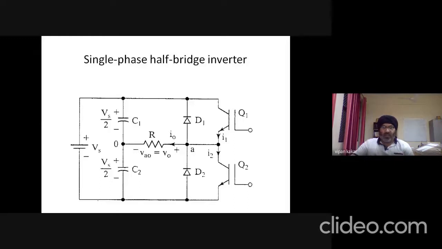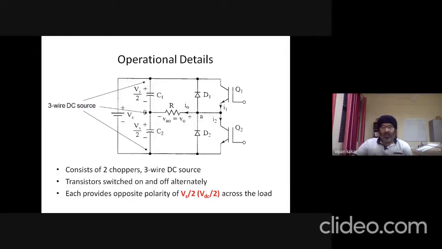So this DC supply Vs is then transformed into an AC supply using these two switches. So at the load we have an AC signal. We have 3 wires only. This DC source has a positive terminal wire, a negative terminal wire, and a midpoint wire.